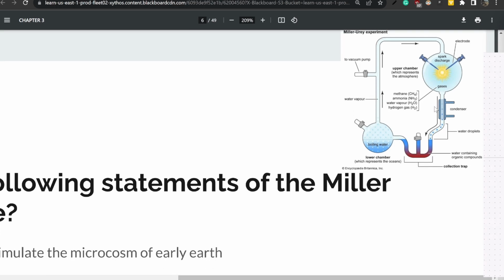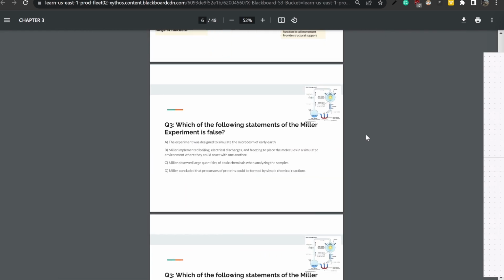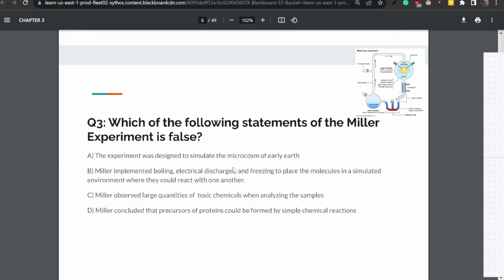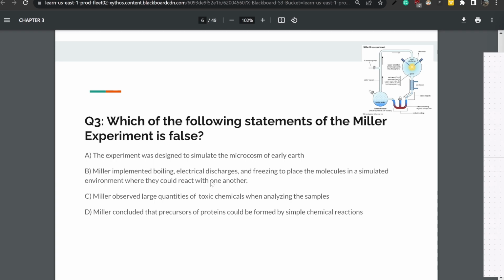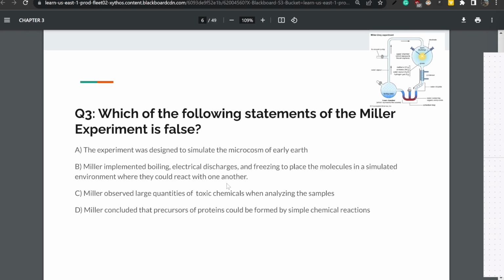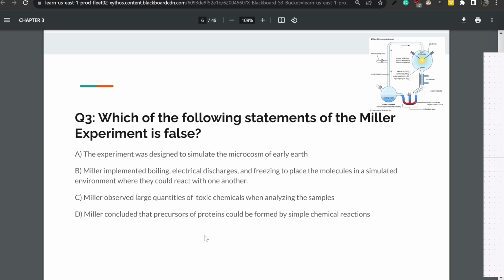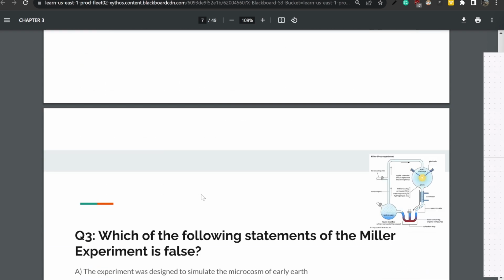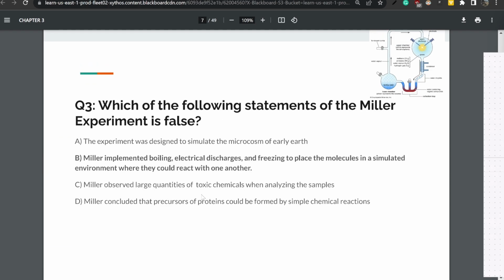I wouldn't be surprised if toxic gases reared its ugly head. There's no freezing. I'm gonna go with B, simply because of freezing. This is just testing strategies, but it's not really the point of this stream.